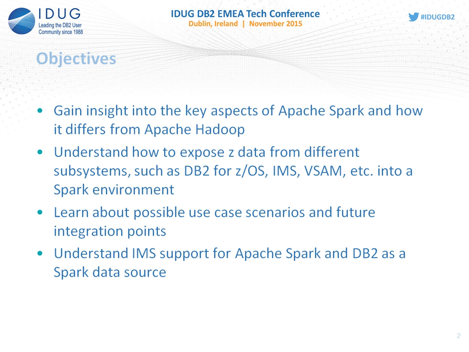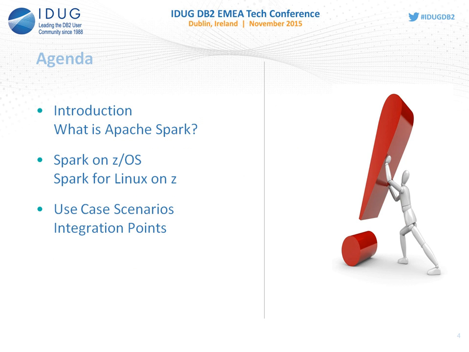From an agenda perspective, I have put together mainly three sections. The first one is an introduction on what Spark is, what it is all about, how it emerged, and, as I said, the differences to the Hadoop ecosystem.